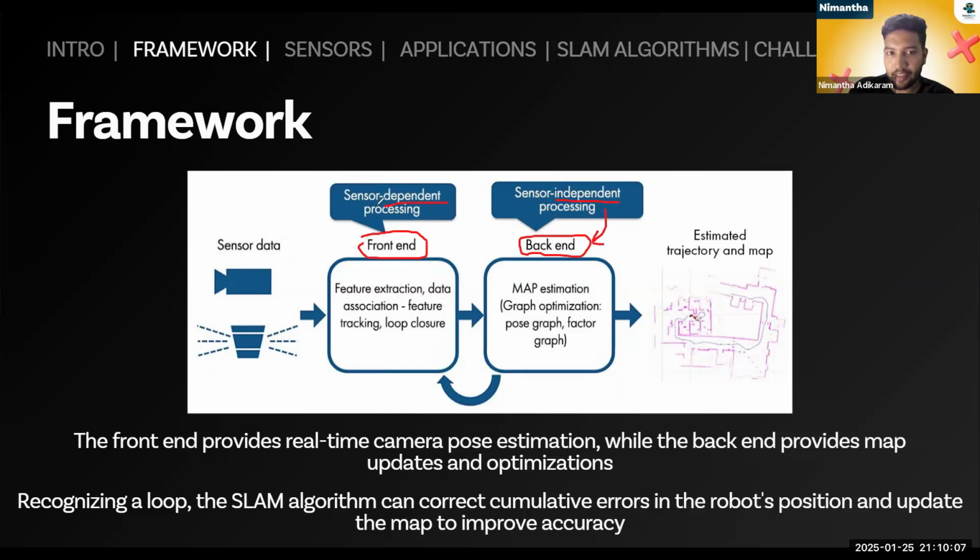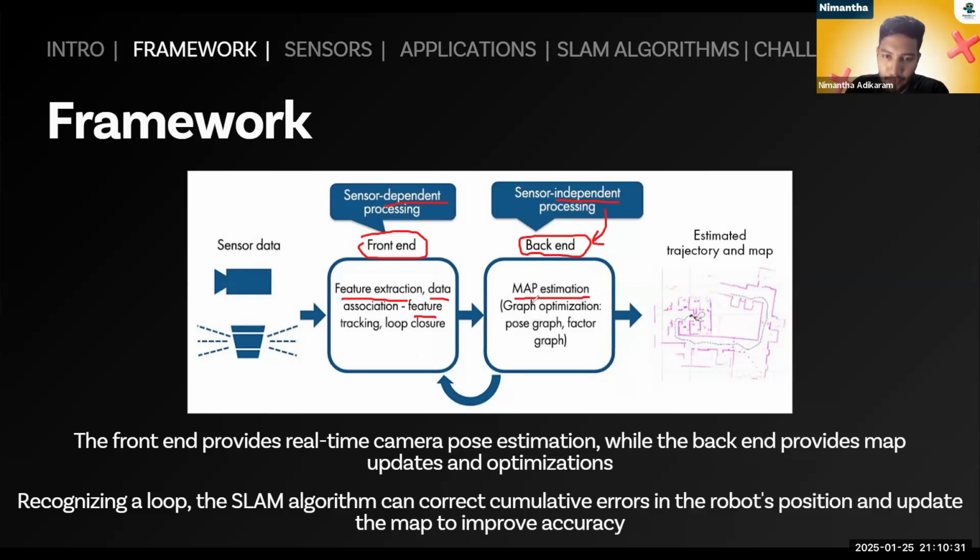Regarding the sensor-dependent process, the front end has features like feature extraction, data association such as feature tracking, and loop closure. Regarding the backend, we will have the map estimation, which is the final product that we are going to make.